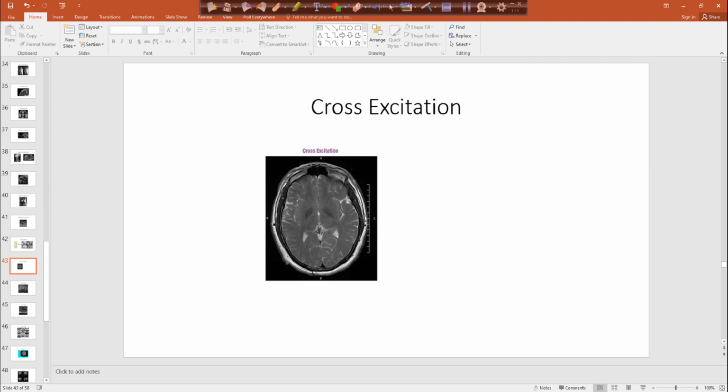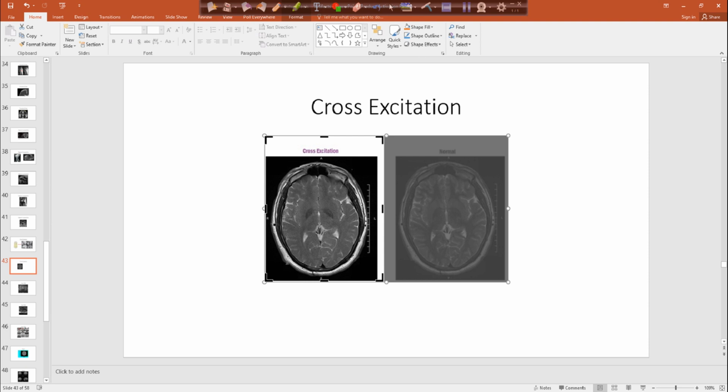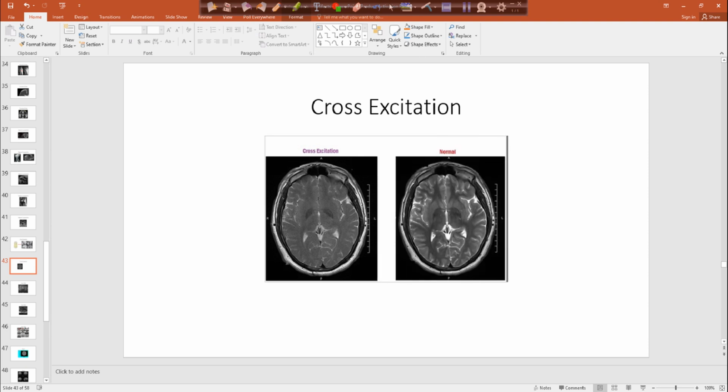I mean, it's not the best image, but there's no motion, there's no gibbs, there's no metal. You wouldn't be able to say definitively that there's an artifact. But if you are given both images, you now can say, oh, this one has less signal due to saturation. Okay.